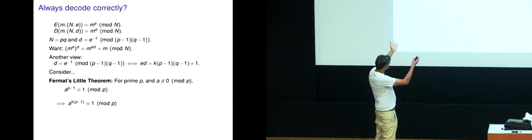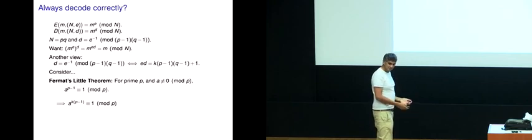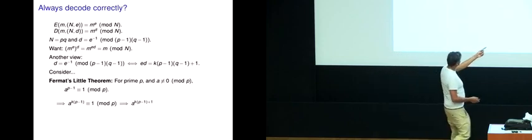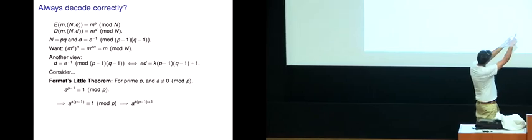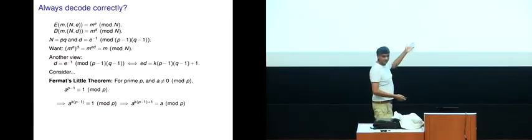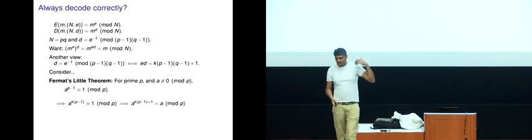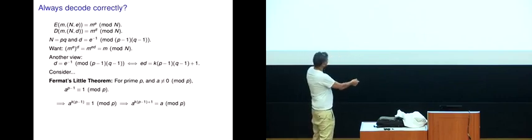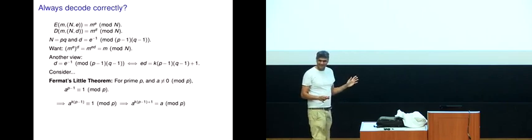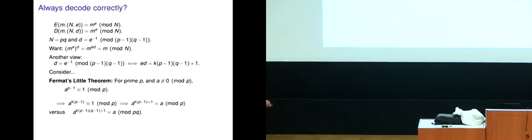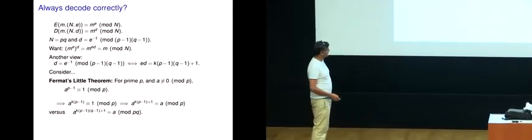Now you take that whole thing to the K, and 1 to the K is 1. That says A to the K times P minus 1 plus 1, and now we're almost at the ED. That equals A mod P. Except it's not right, because the Q minus 1 is not here, and the modulus is P, not P times Q. That's what we really want, but it looks kind of similar.